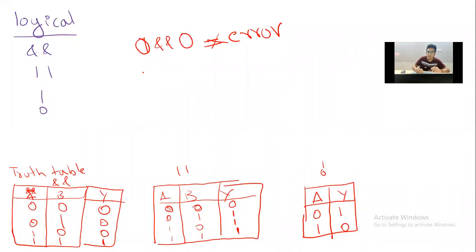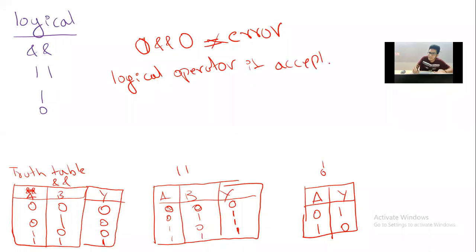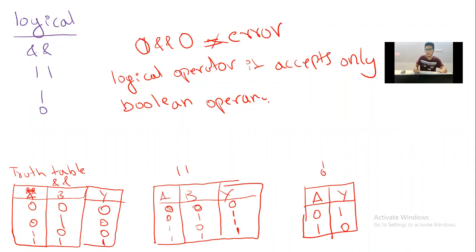Because you already know, our logical operator accepts only Boolean operands. I want you to be clear with this. It doesn't accept a number. It doesn't accept integer operand, float operand, or string operand. No, it only accepts Boolean operands.